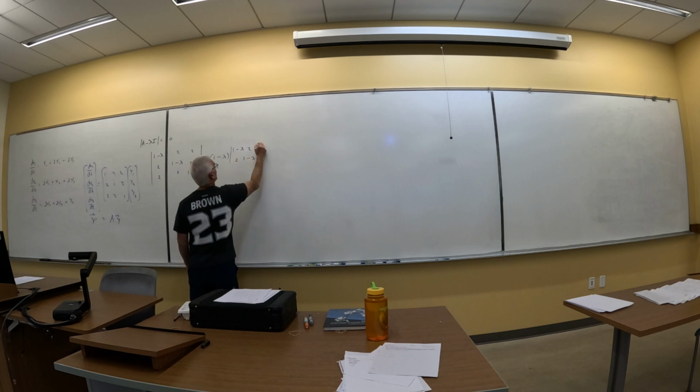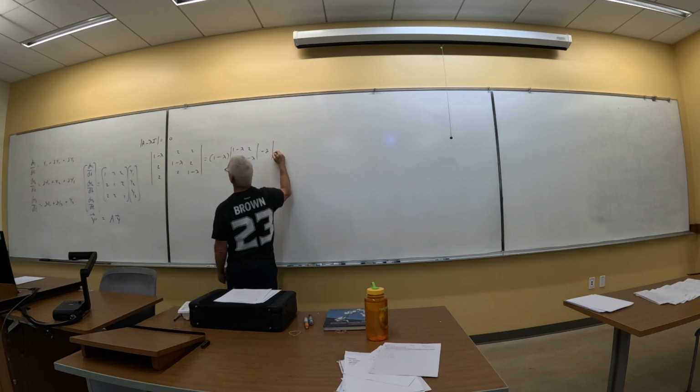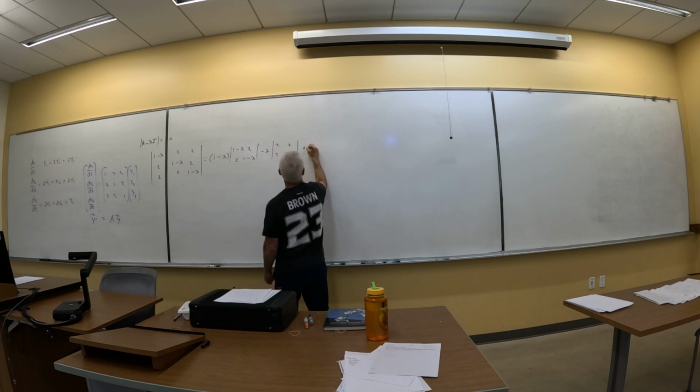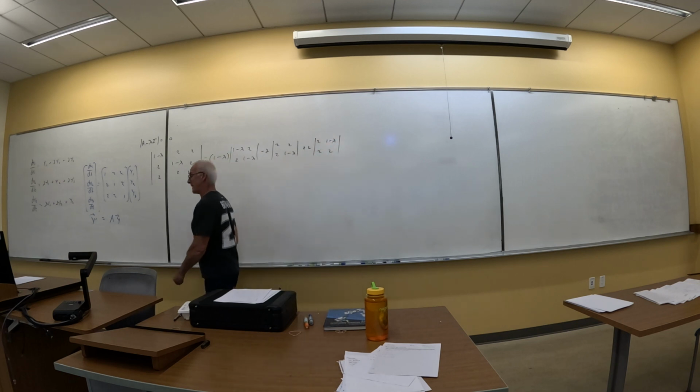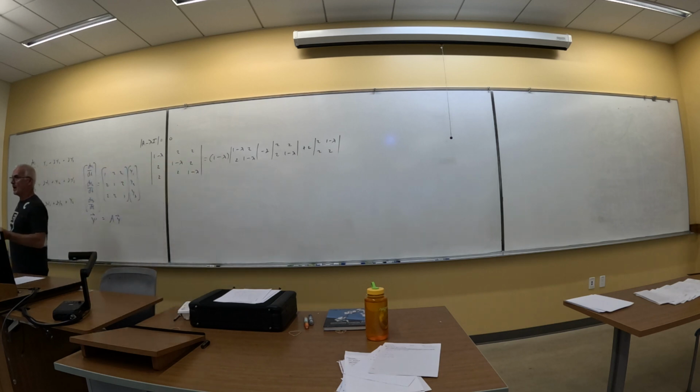That's what this is called. Then minus 2 times the determinant of 2, 2; 2, 1 minus lambda, and then plus 2 times the determinant of 2, 1 minus lambda; 2, 2. Okay? This is the expansion by minors. Does anybody remember what a minor is?